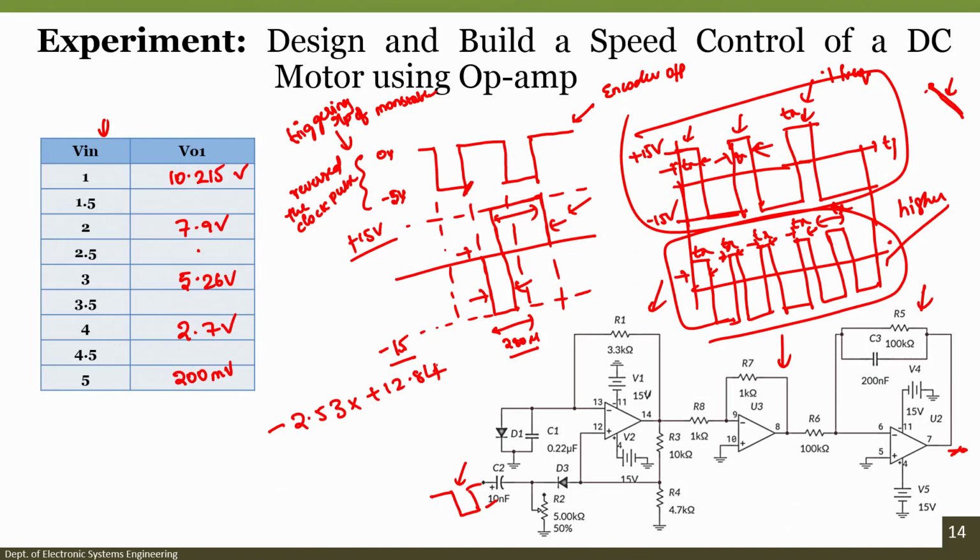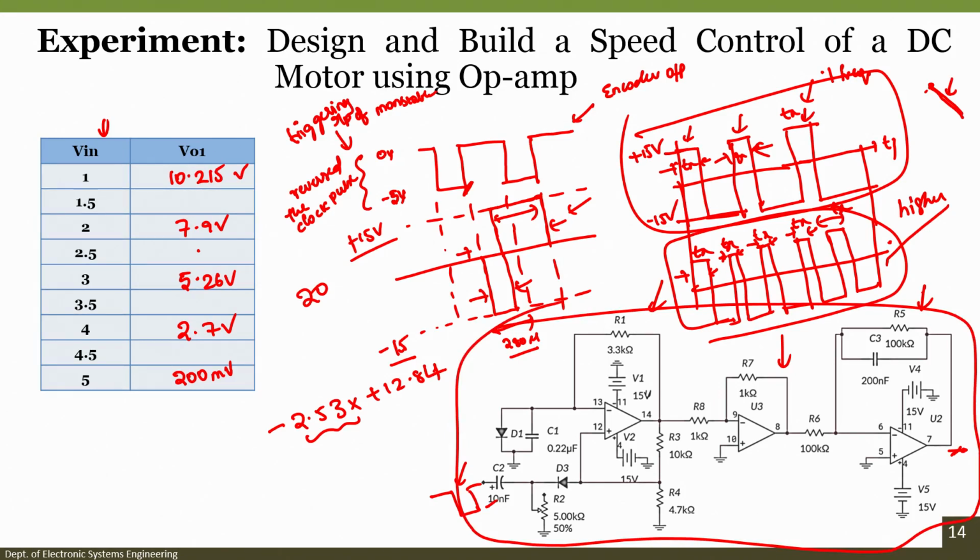The slope of this line is minus 2.53, but we require a positive slope of 20. How do we convert it? That is the question. So, we have not completely fulfilled the requirement of the output voltage of a signal conditioning circuit. We still have to design another signal conditioning circuit in order to map the input set point to the output voltage of the integrator.